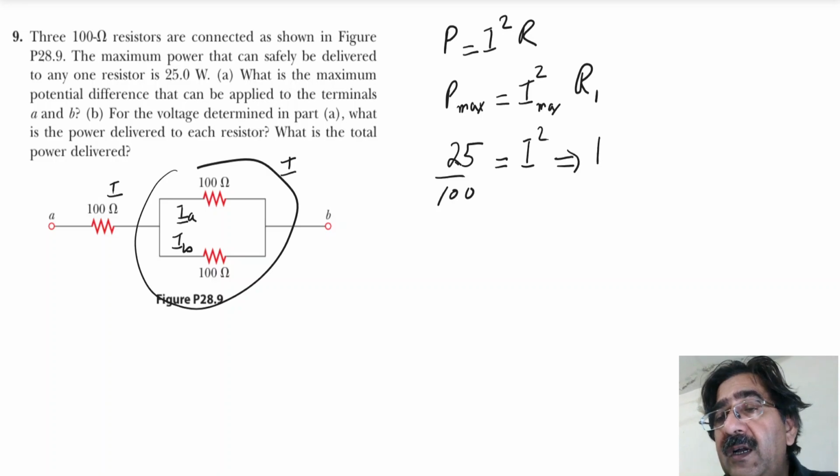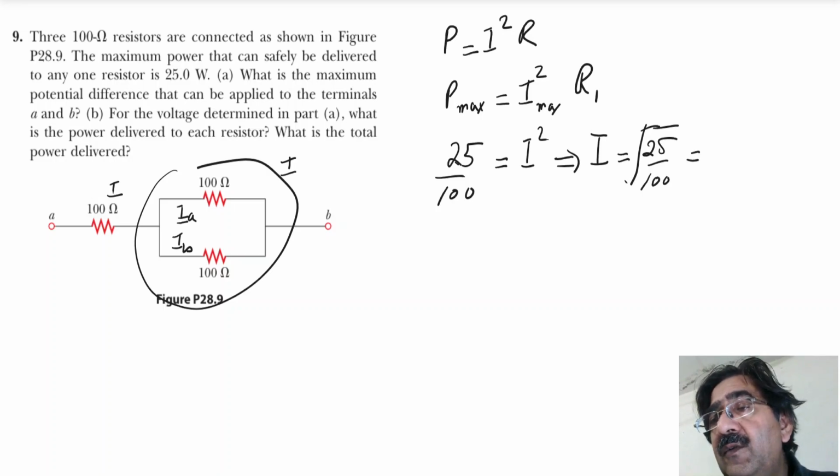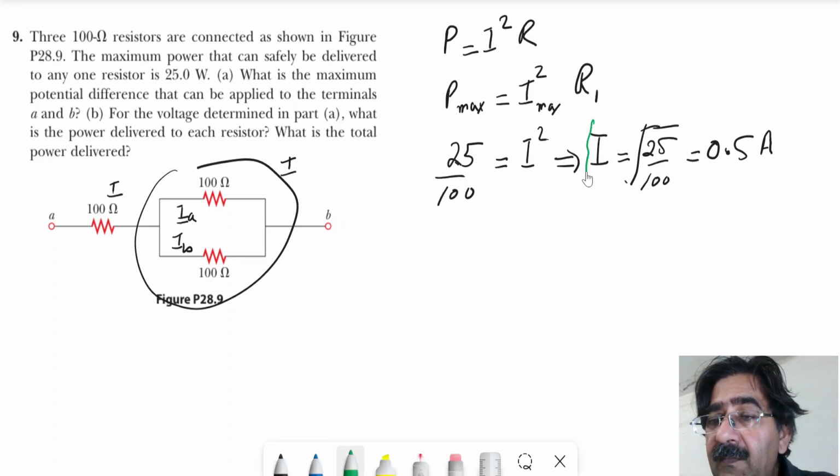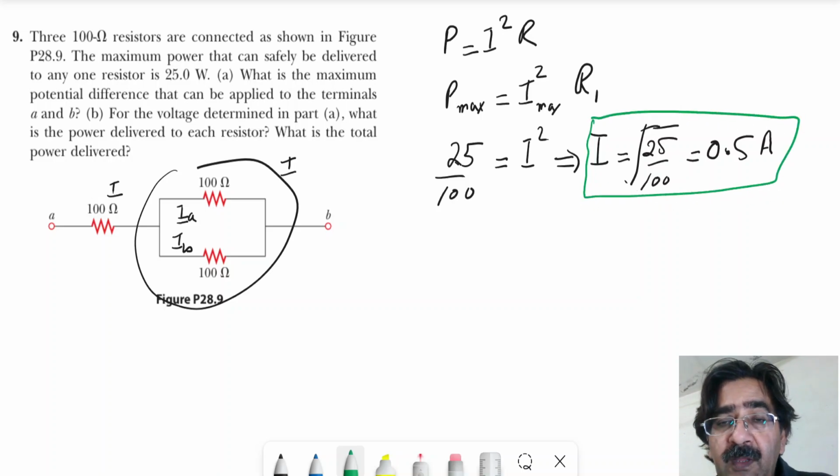So this implies that I will be 25 over 100, which becomes 0.25 under the root, so 0.5 ampere. That will be the current.